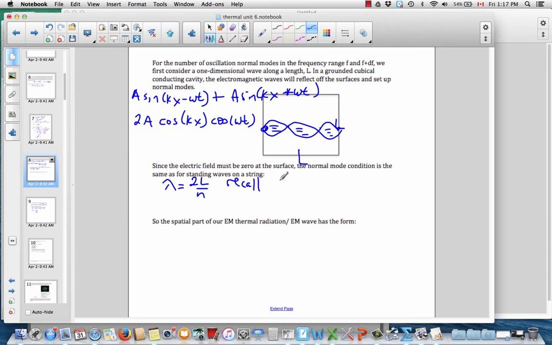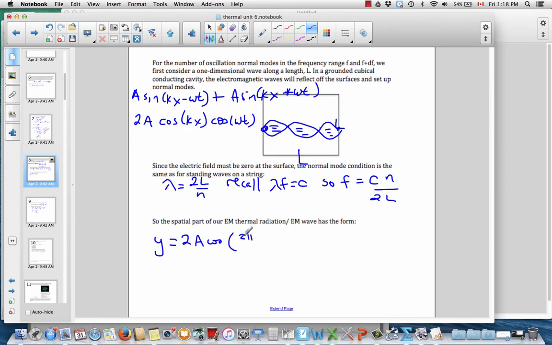Remember that we're trying to relate frequency to the size of the cavity. And so we want to solve for frequency. It's c over lambda, and reciprocal lambda is n over 2L. So if we look at this spatial part of our traveling wave then, just the x part, this k is related to this lambda.